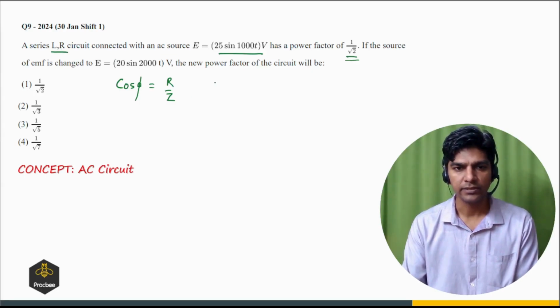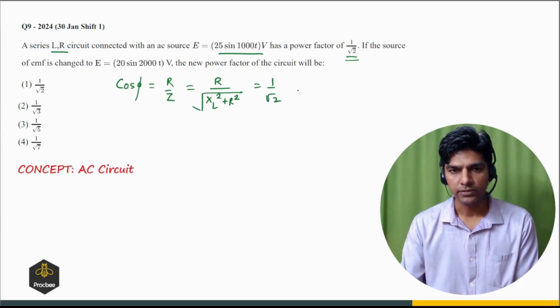So in an LR circuit, it can be written as R divided by root of XL square plus R square, and this is given as 1 by root 2. If I square both sides, we get 2R square equals XL square plus R square, and XL comes out to be R.